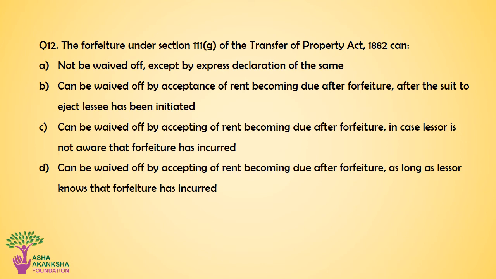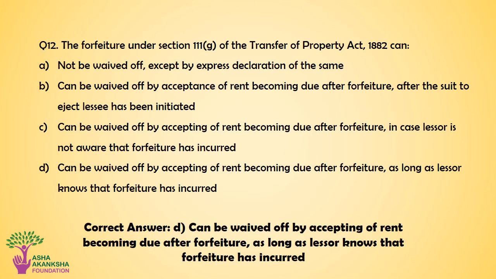Or option D, can be waived off by accepting of rent becoming due after forfeiture as long as lessor knows that forfeiture has incurred. The correct answer for this question is option D, can be waived off by accepting of rent becoming due after forfeiture as long as lessor knows that the forfeiture has incurred.